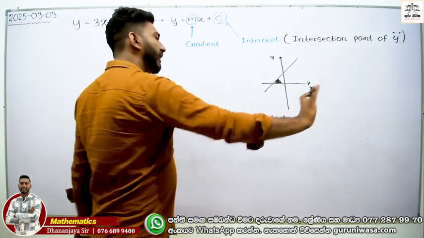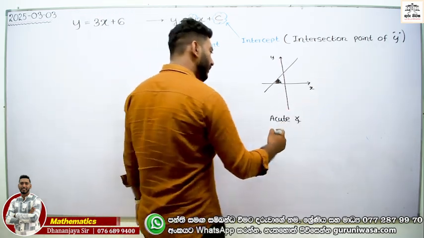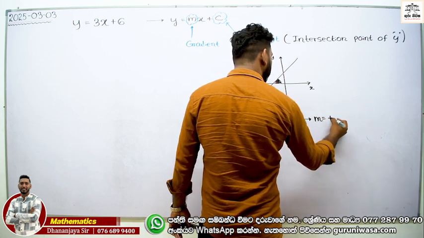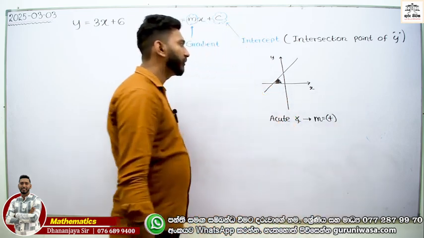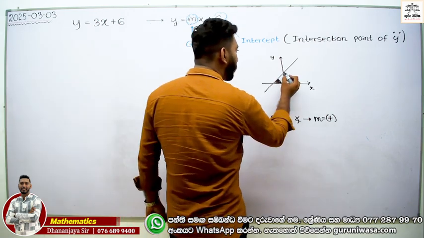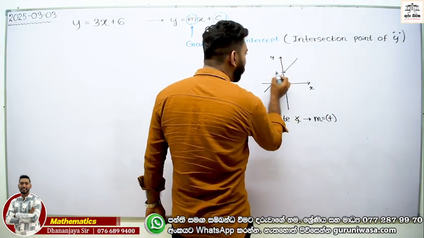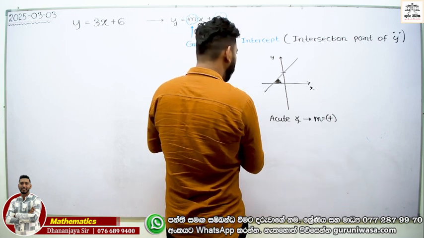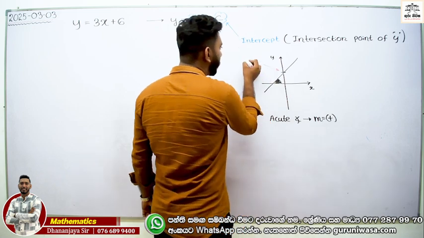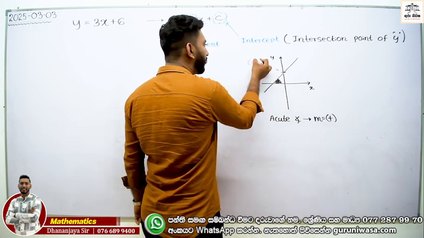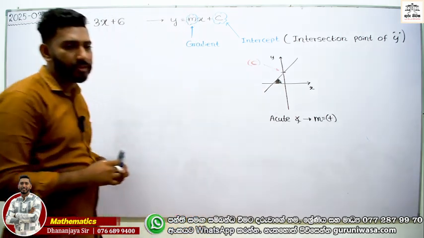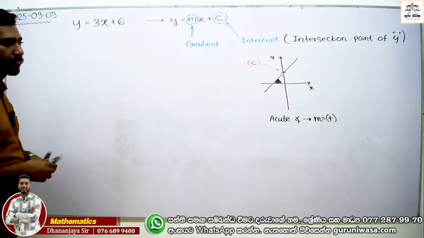The positive direction of the x-axis makes an acute angle. Therefore, that means the gradient is positive. Therefore, this graph looks like this. If you draw it, it should go like this. And the intersection point of the y-axis is c. That is what we call c, the intercept.